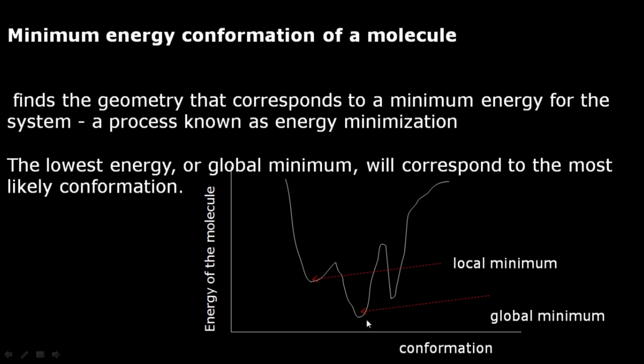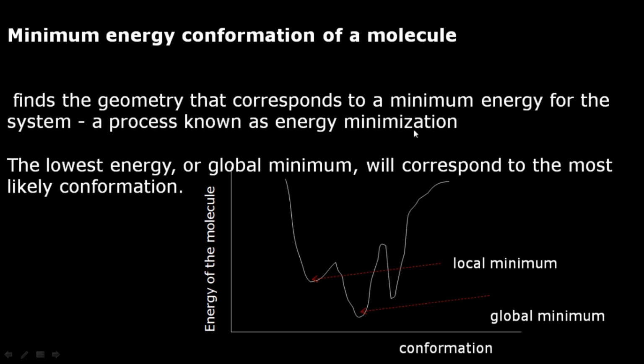The main challenge in molecular modeling is to find the global minima, that is, as you keep changing the conformation, energy will come down and down and down, and not get stuck in a local minima. So this process is called the energy minimization process.